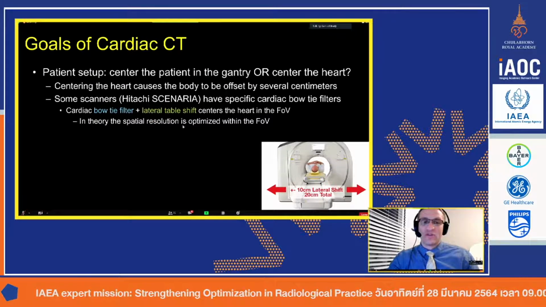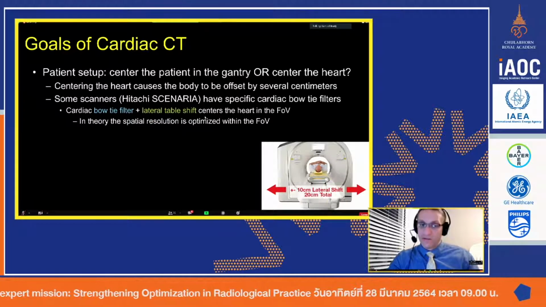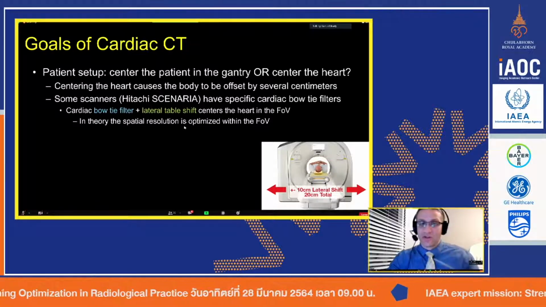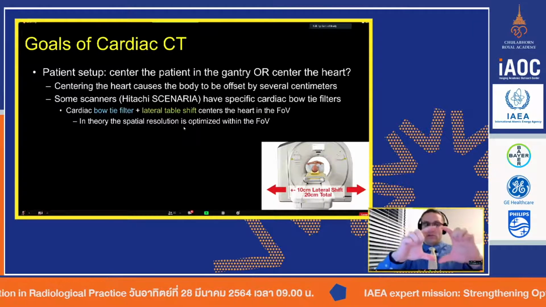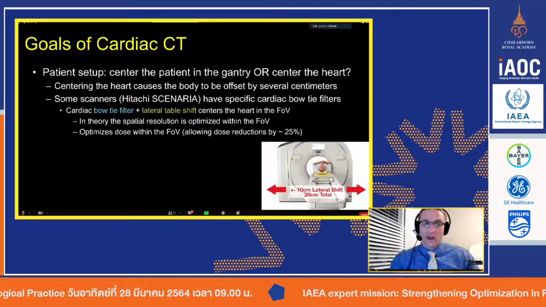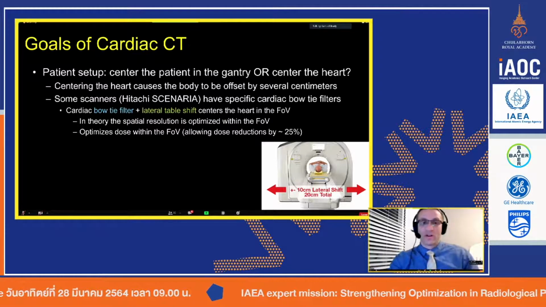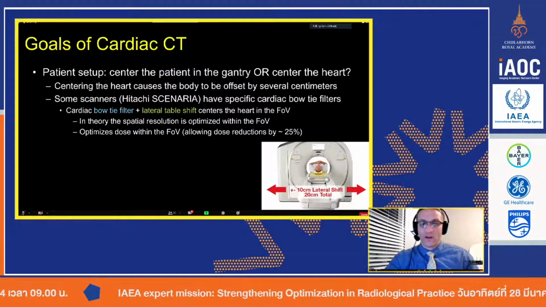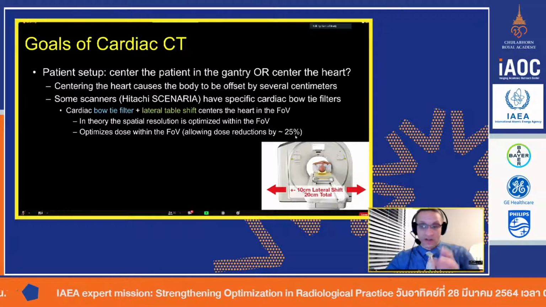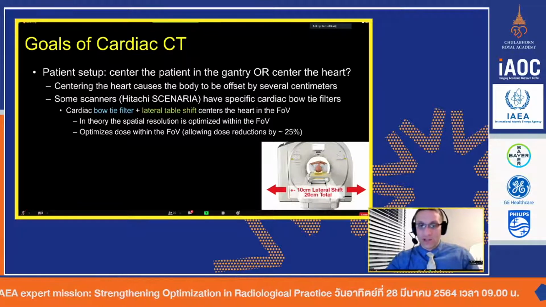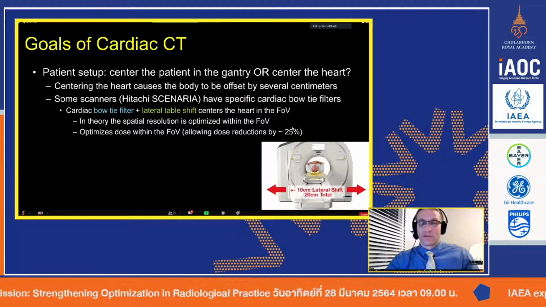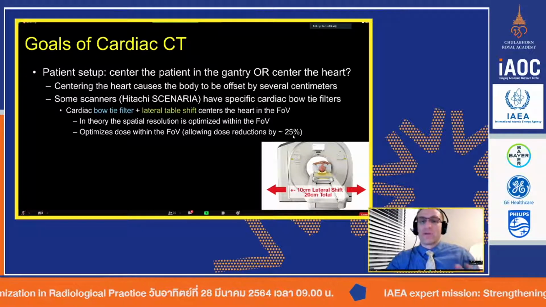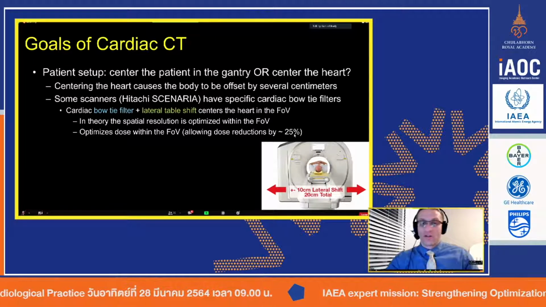That gives you the ability, in theory, to optimize the spatial resolution and the radiation dose within that field of view. So you're imaging for the heart, and you're going to get the best image quality in that heart field of view. From what I was able to read in the Hitachi publications, they were quoting maybe 25% dose reduction to the heart in that field of view.